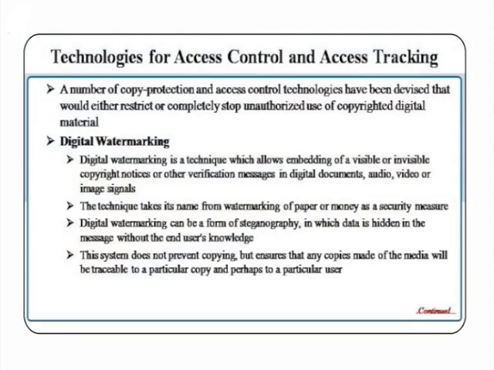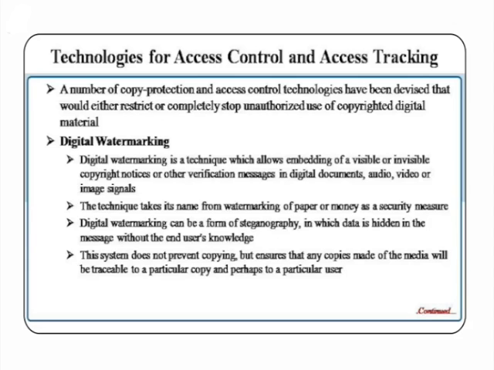There are various technologies for access control and access tracking. A number of copy protection and access control technologies have been devised that would either restrict or completely stop unauthorized use of copyrighted material. Digital watermarking is one of them. It is a technique which allows embedding of a visible or invisible copyright notice or other verification message in digital documents, audio, video, or image signals.